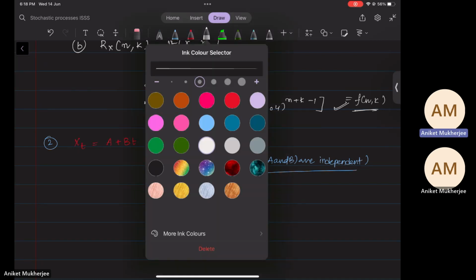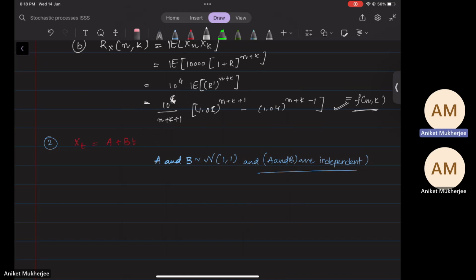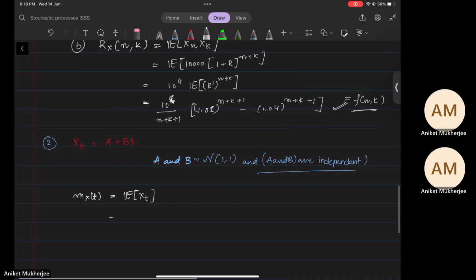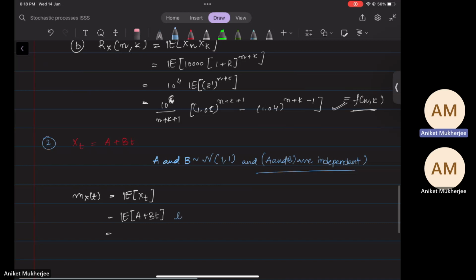Now you need to find the mean of xt, which is the expectation of xt, which you can write as the expectation of a plus bt. From the linearity property of expectation, we can split this as the expectation of a plus the expectation of bt.